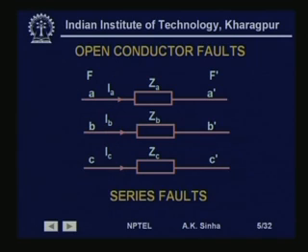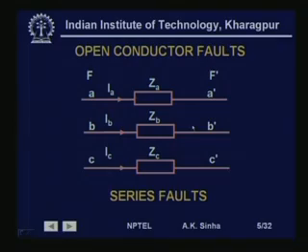Now, if we assume ZA to be infinite or very large, we can simulate a fault which is an open circuit on phase A. Similarly, ZB or ZC can be made infinite or very large, which will simulate a fault of open circuit of phase B and C. So, in this way, by making these impedance values very large or infinite, we can simulate open circuit faults on this system, and that is why these open conductor faults or open circuit faults are sometimes called series faults.